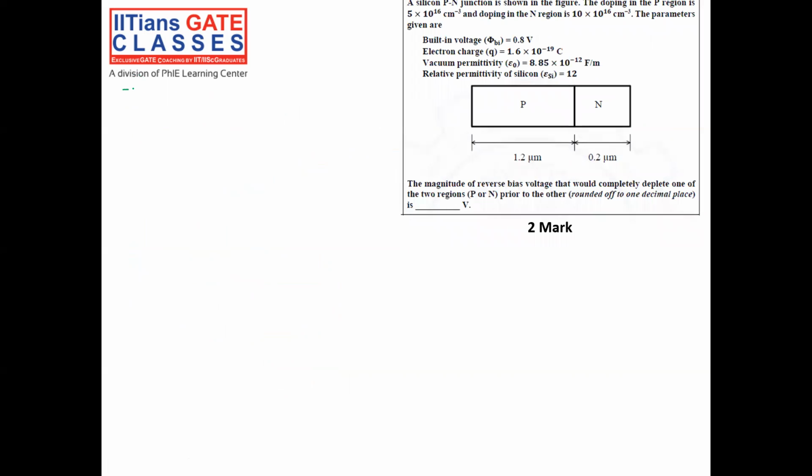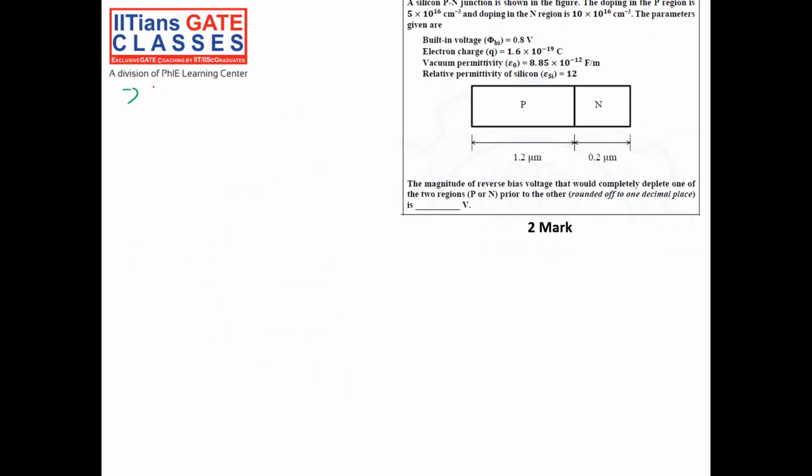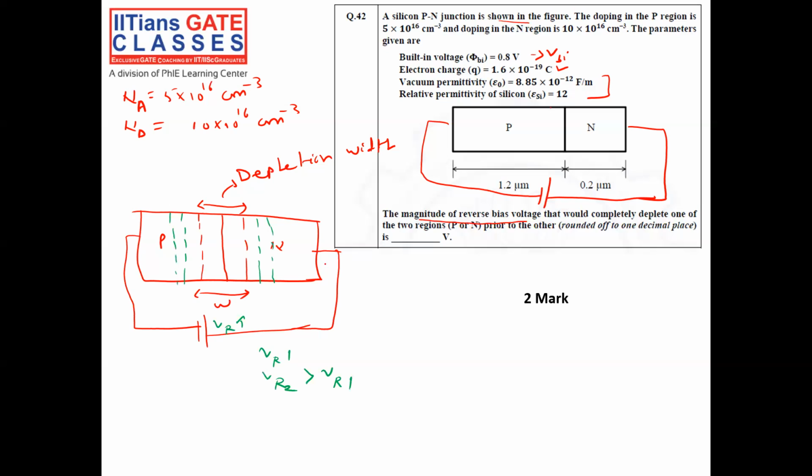So guys, we know the depletion width in a semiconductor, W, is nothing but how much? The depletion width consists of some from the P region, called XP, and some from the N region, called XN. So the depletion width is the sum of the P region depletion width and the N region depletion width.